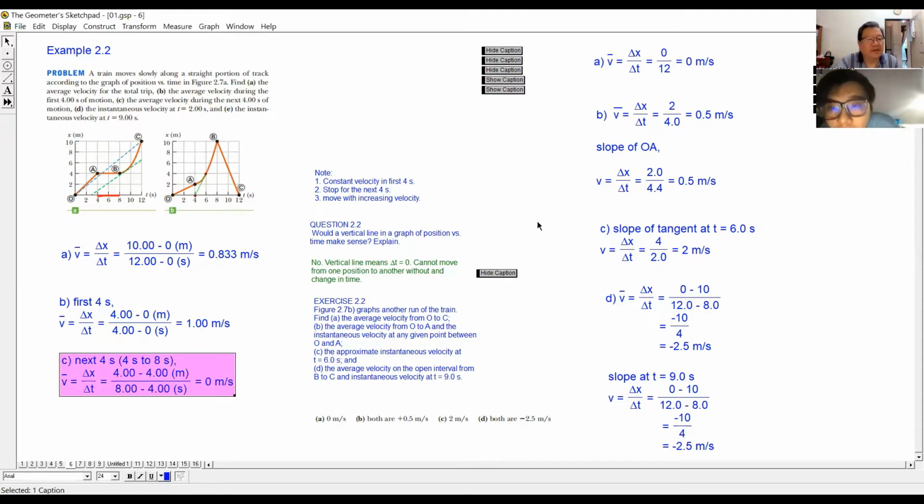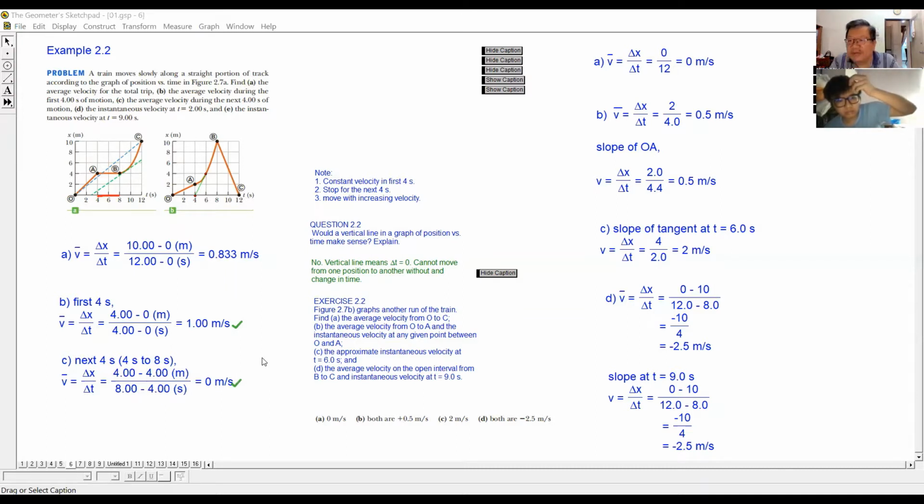0, correct, it's 0. So then you look at the shape of the graph. The shape here is a straight line. The shape here is a horizontal line. So what conclusion can you make? Straight line means what?